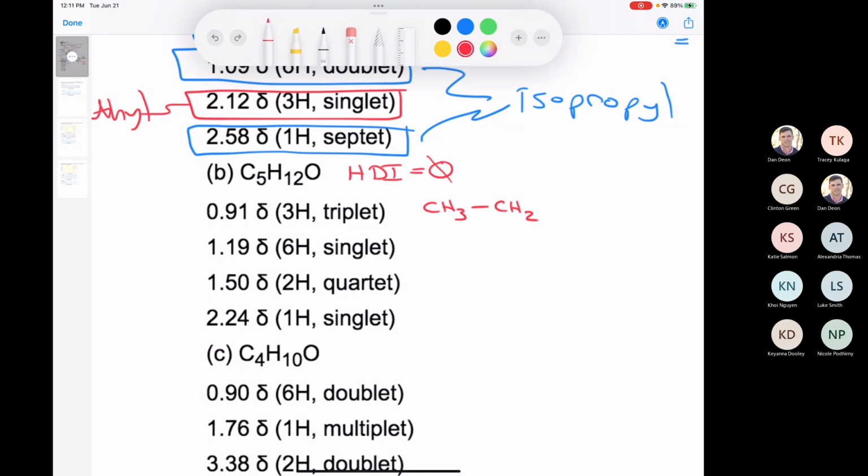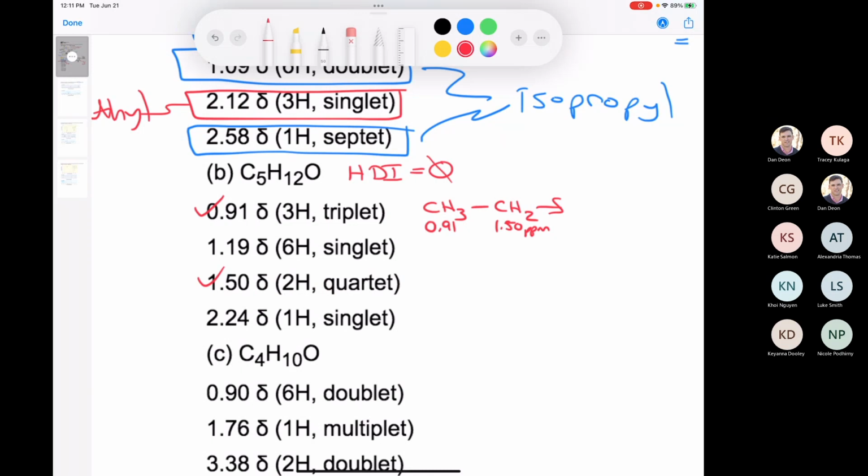And if you look over here, at 1.50, we have 2 protons that give you a quartet. So that must be these 2 protons. So these are the ones at 0.91. These are the ones at 1.50 parts per million. And it's a quartet because 3 + 1, the N+1 rule. So that means we have an ethyl group, and we've taken care of these 2 signals.